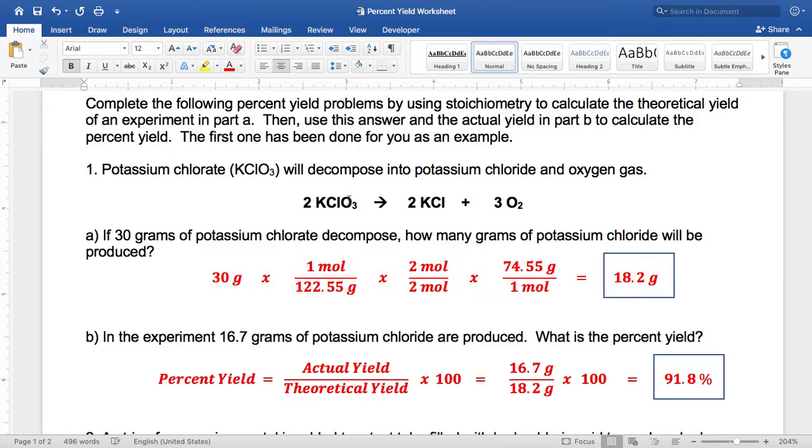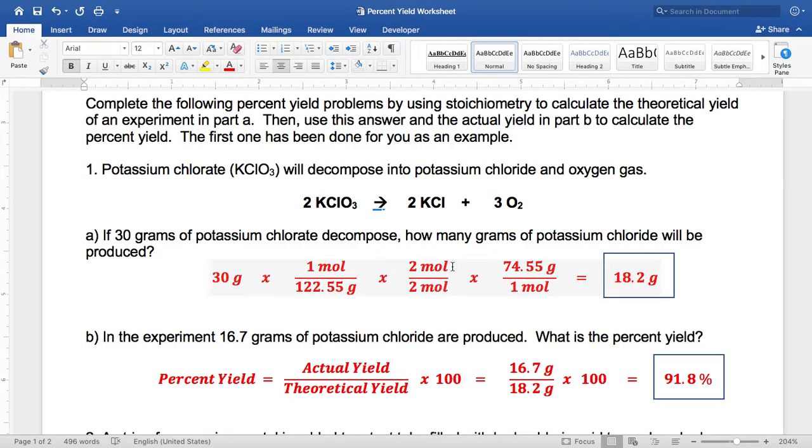So we have potassium chlorate, and now we have to figure out what we are looking for. Well, it says how many grams of potassium chloride. That is our unknown, and here is potassium chloride on the right. So our next step is to do a mole ratio. Our starting point has a 2 in front, and our ending point has a 2. So we have 2 moles divided by 2 moles.